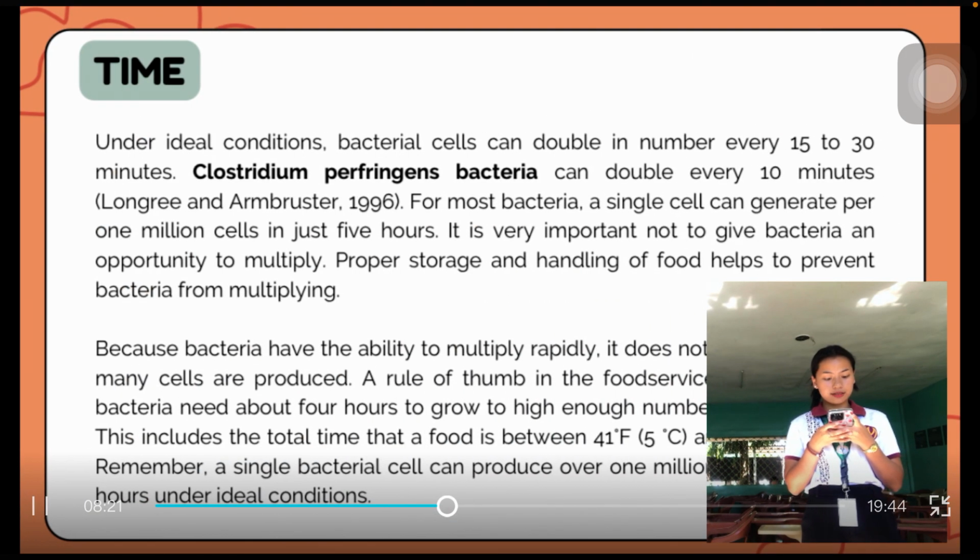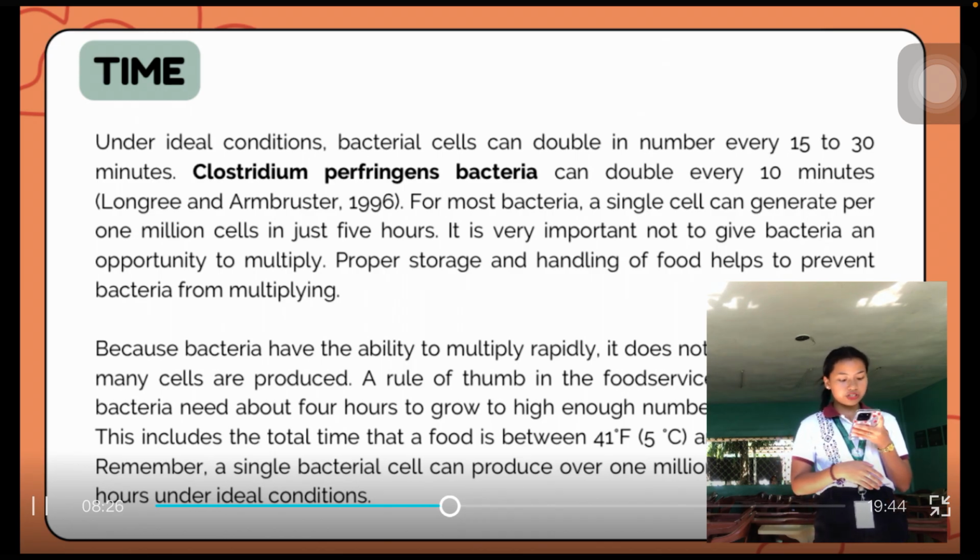Next slide is the time. Under ideal conditions, bacteria cells can double in number every 15 to 30 minutes. Clostridium perfringens bacteria can double every 10 minutes.